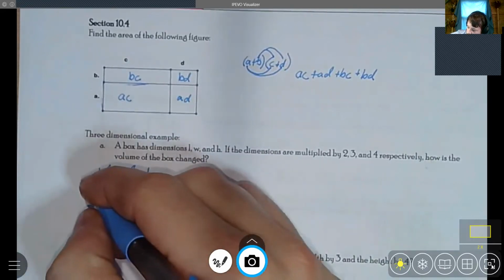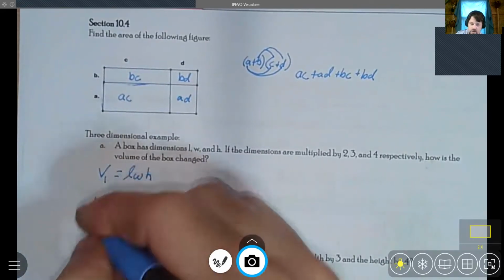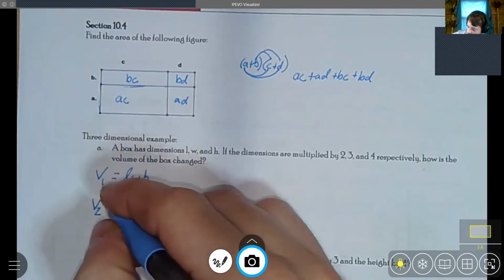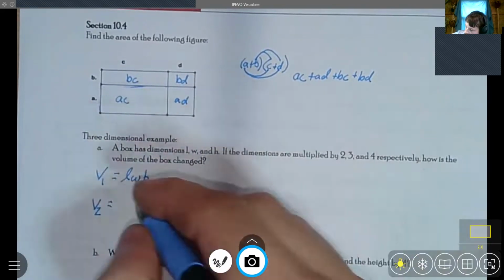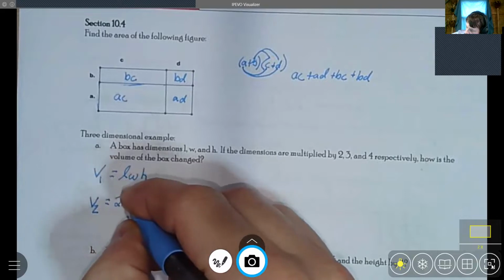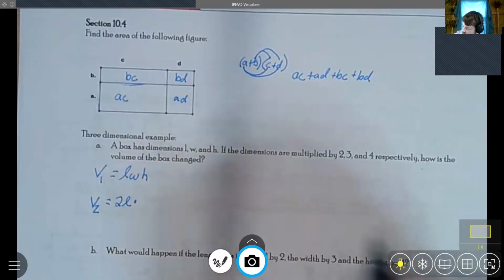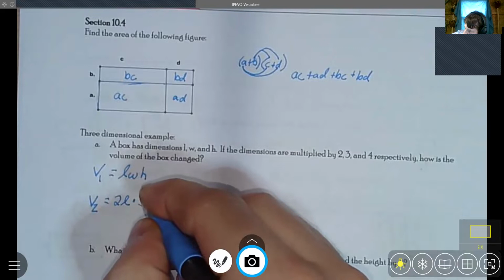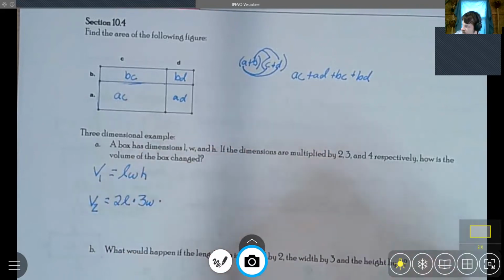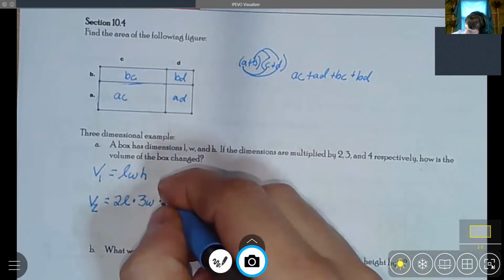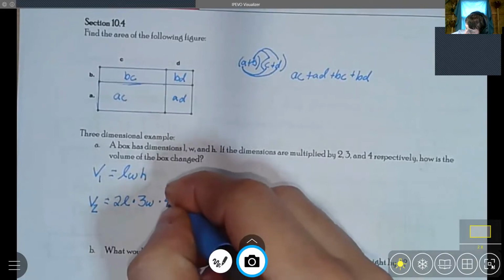So now we have the volume of my bigger box, we'll call it V sub 2, equals 2L times 3W times 4H.